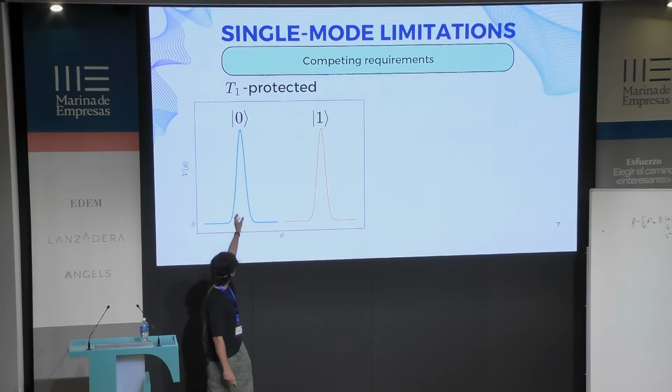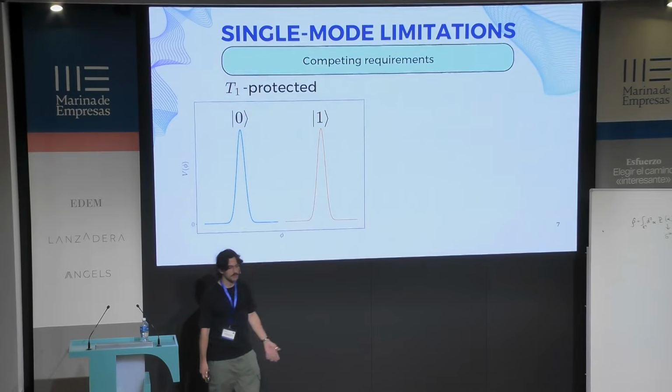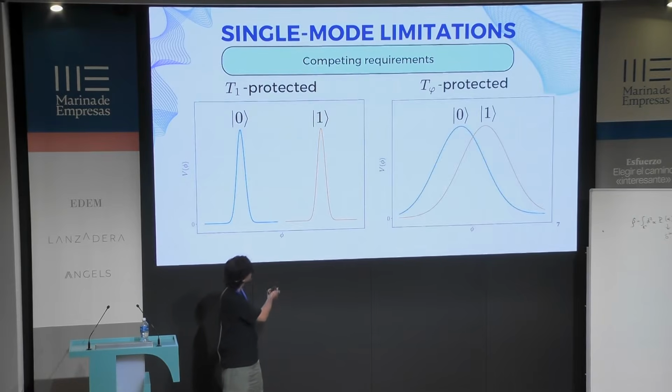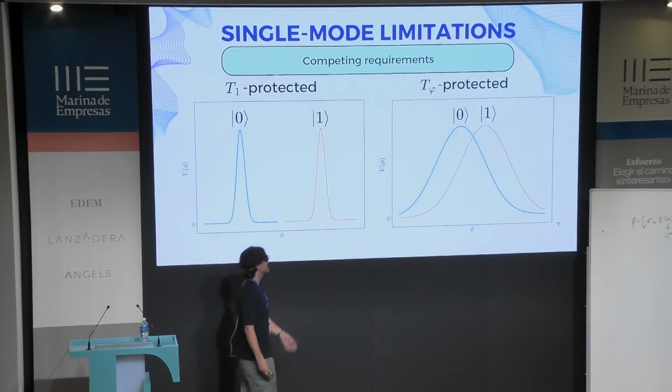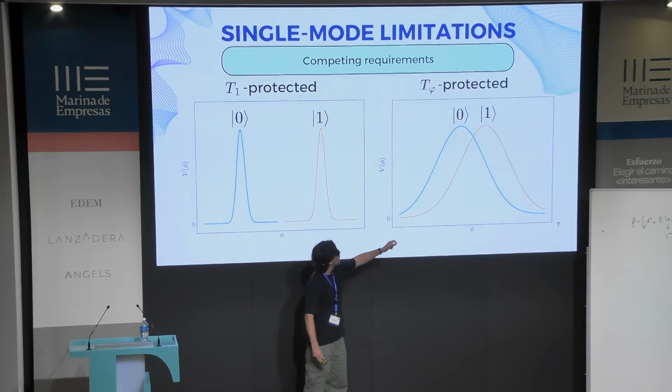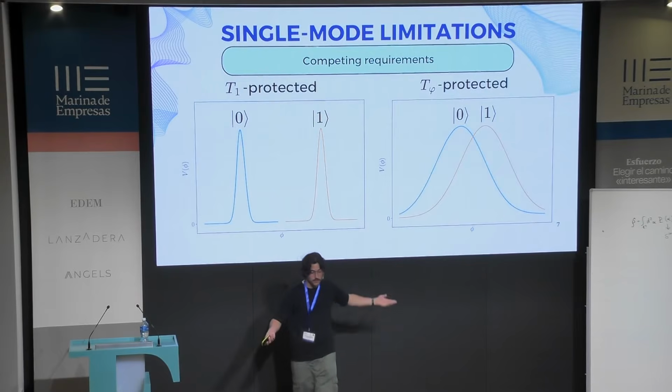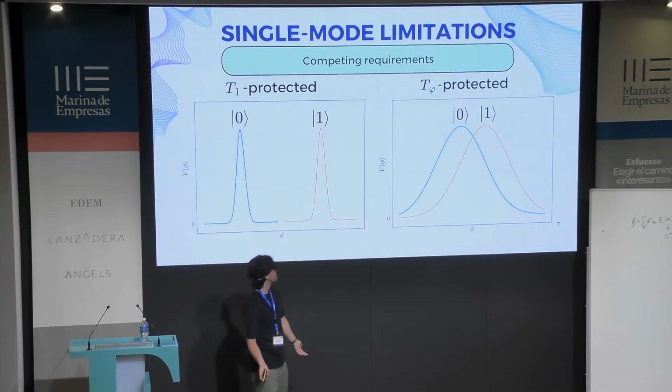But as we see, they are very narrow, so they are very dependent on the flux in this case. And the other one is T2 protected, which is the phase flip. In this case, they are not so dependent on the variation of the flux noise, but they are overlapping, so they are not protected against the bit flip.